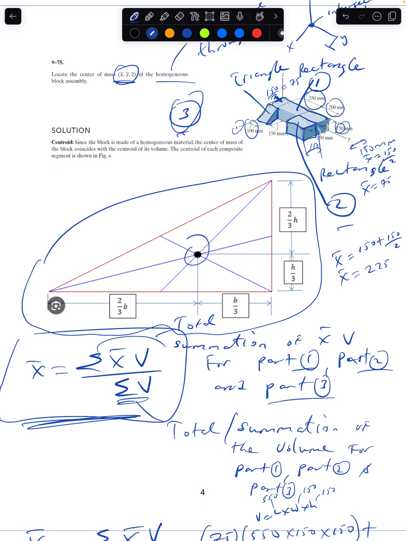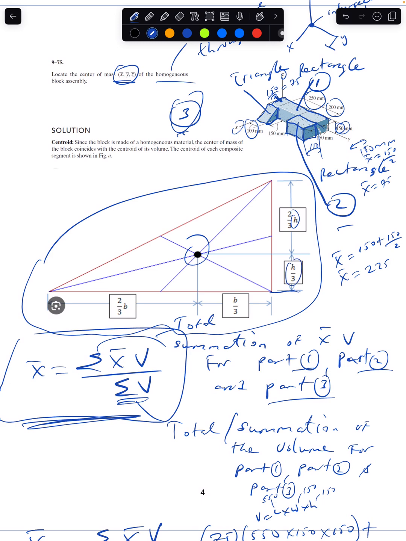So technically for the triangle, if I am going to measure the height or the eccentricity along this z-axis, it becomes along this height section. Because I'm measuring from the base to this point, for that x bar I'll use h over 3.